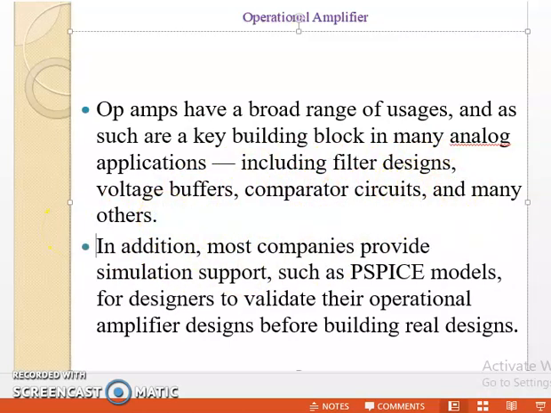In addition, most companies provide simulation support such as PSpice models for designers to validate their operational amplifier designs before building real designs.